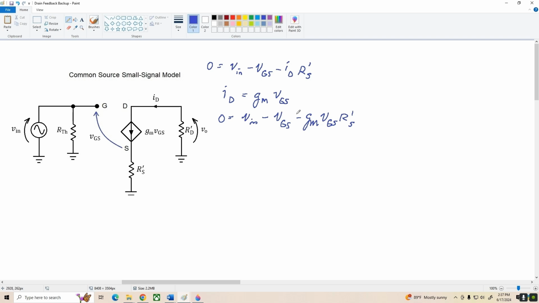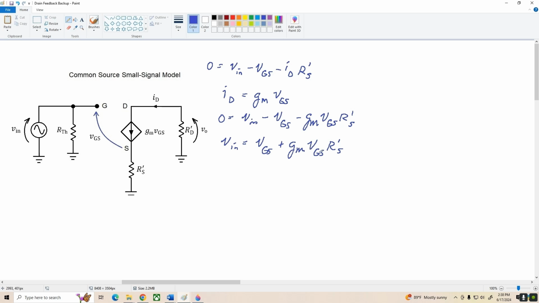And I'm going to solve this equation for VGS now. We'll see why in a couple minutes, but if I subtract Vin from both sides and then multiply by -1, it'll clear these negative signs, and we get Vin equals VGS plus gm times VGS times R'S.